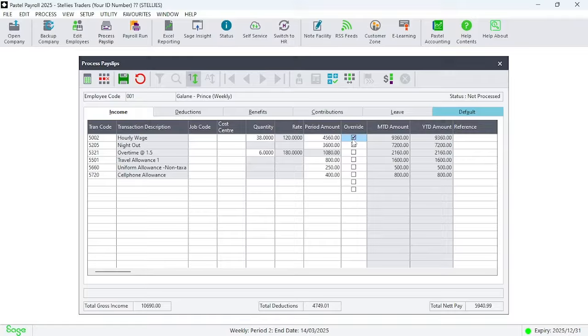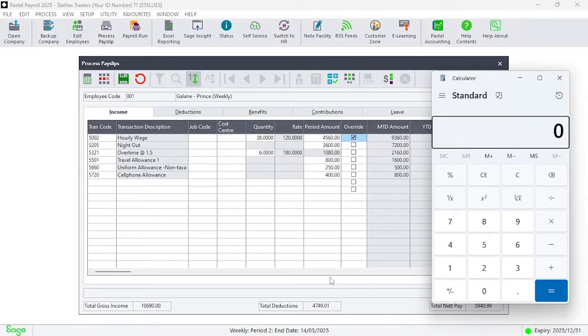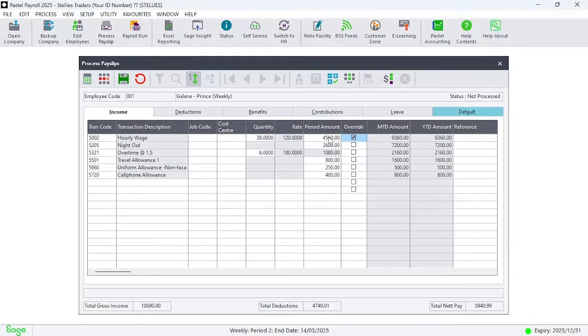I'll explain to you why, which is a good experience for you. And that is because the rate per hour has changed to 150. So if I take 38 times 150, I will get 5,700 rands. So I need to override it and key in 5,700 rands, and save it.